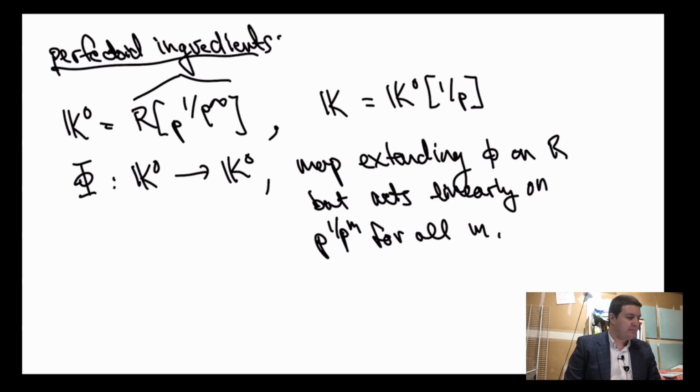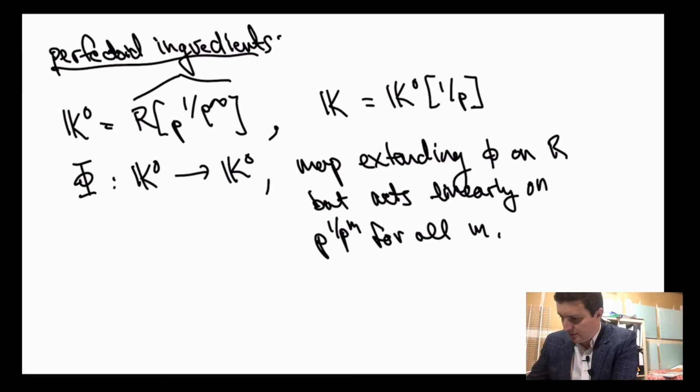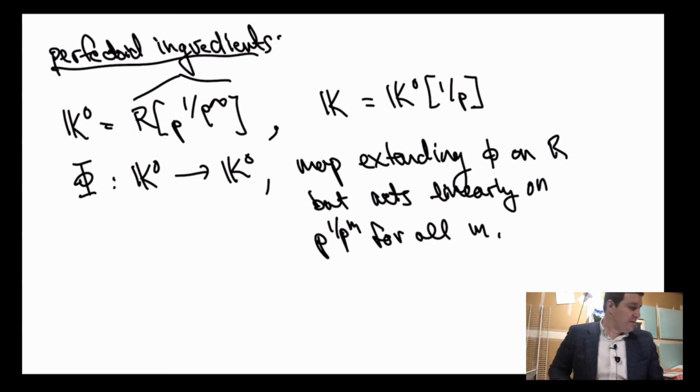And then, on this ring here, the hats will denote p-adic completion, p-formal completion. There's this phi map, which extends the lift of the Frobenius on the Witt vectors, this ring R, but we're just going to specify that it's linear on these pth power things.